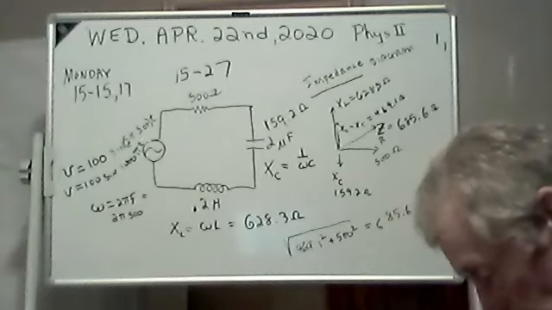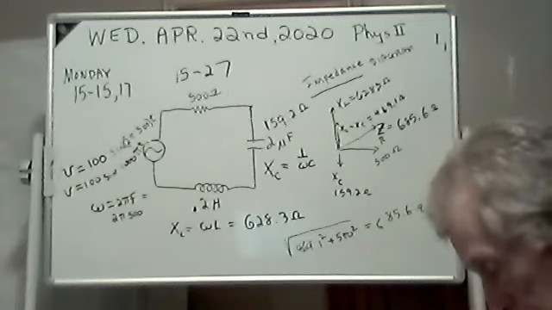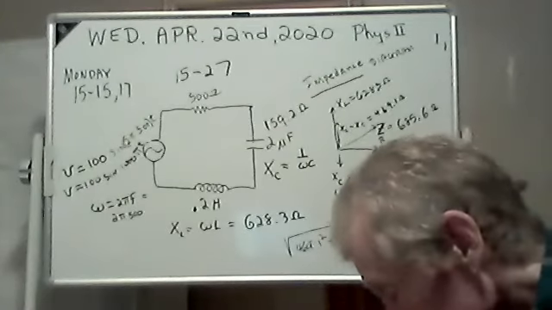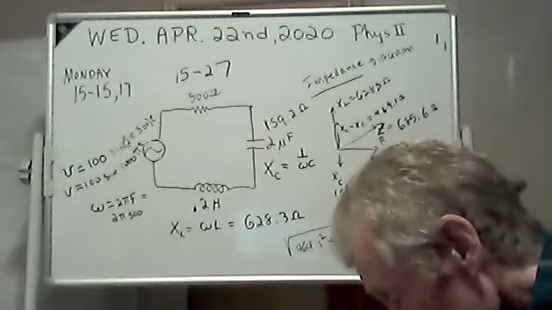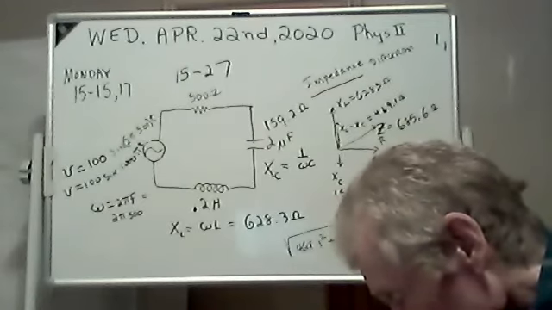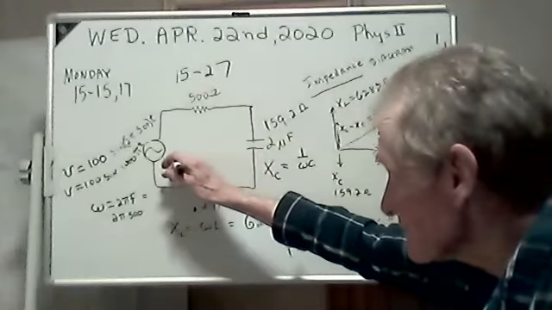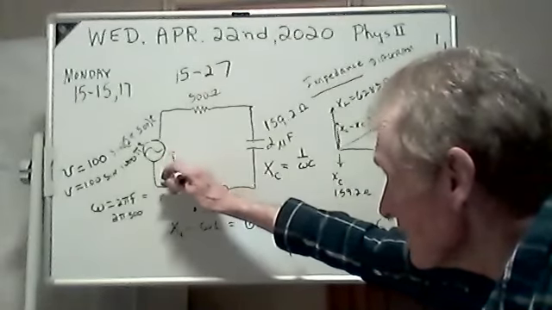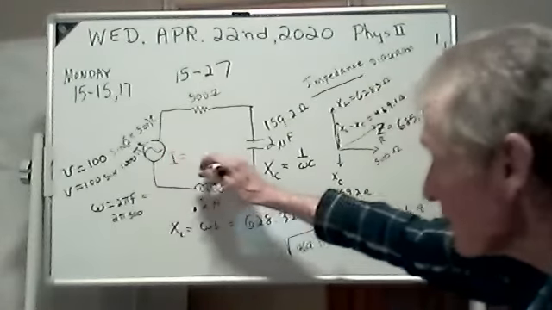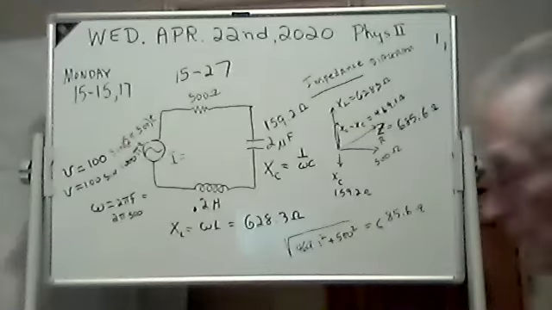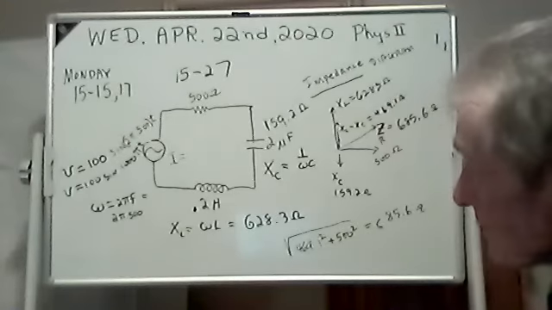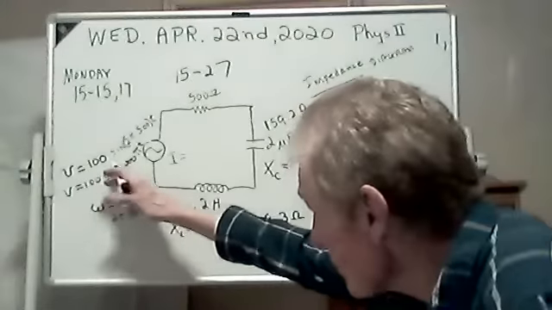I think we'll get the current and then we'll move on and close out this session. Try to tie it together on Monday. The current's going to be 100 volts. See the 100?